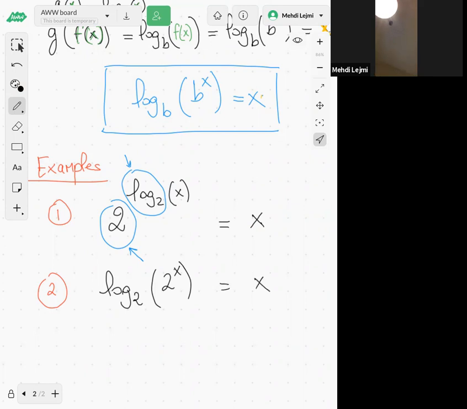This log, guys, it's just a function. When you say log in base 2 of phi, you can check your calculator. There's this function log, in base 2, for example. So log in base 2 of phi is a number. I don't have my calculator, but I think it's 1 point something, maybe 1.51.